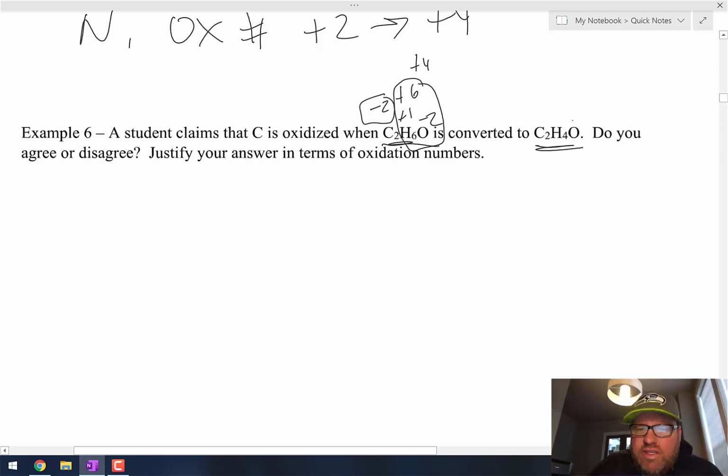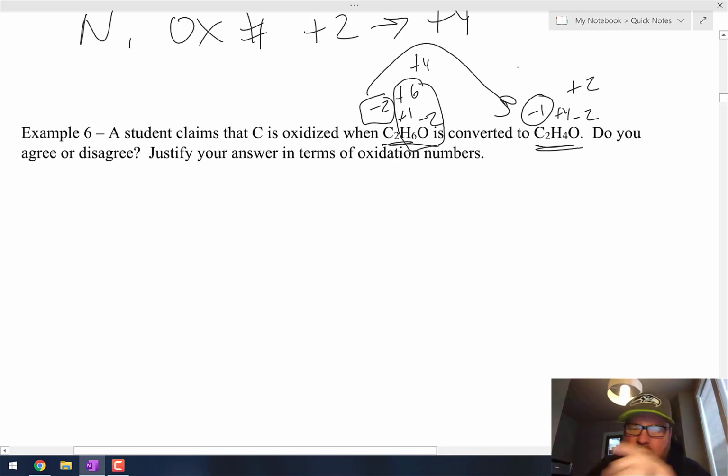Okay, over here on C2H4O, again, we've got -2 and we've got +4. So that means we've got +2 all total. So that means the carbon now is only -1. So you're going from -2 to -1. And that's an increase in the oxidation number.